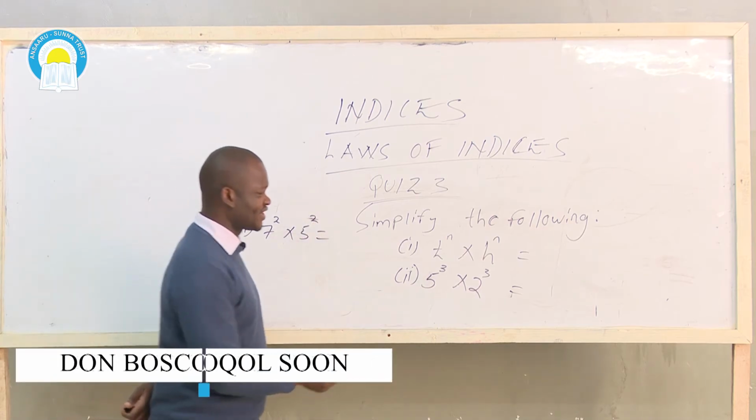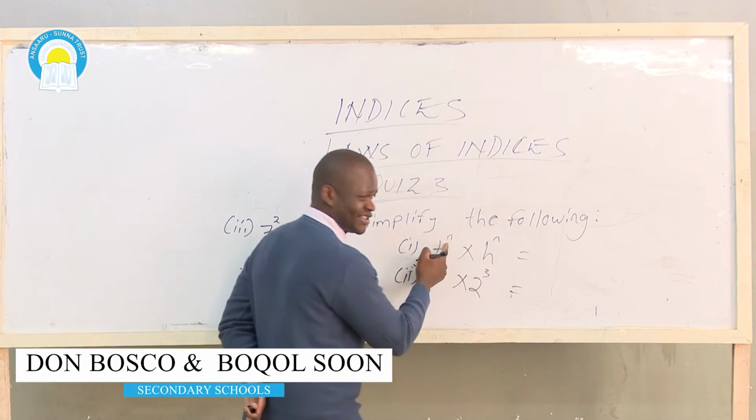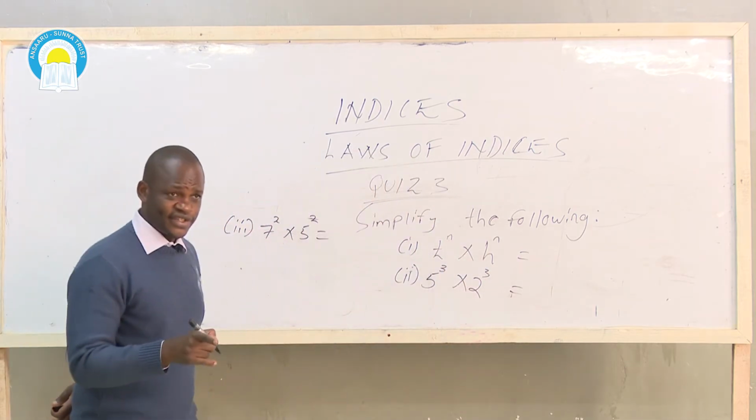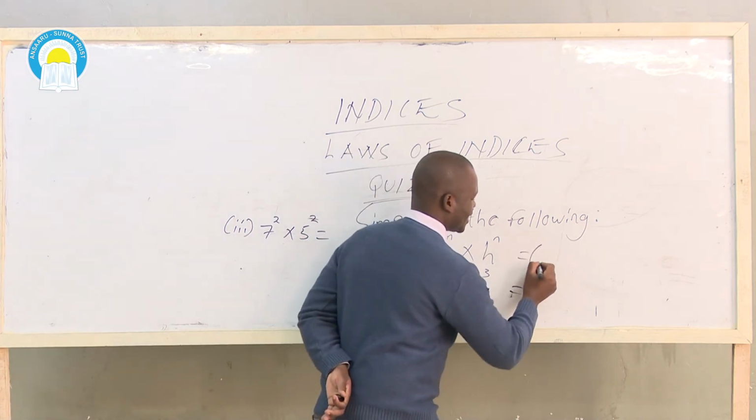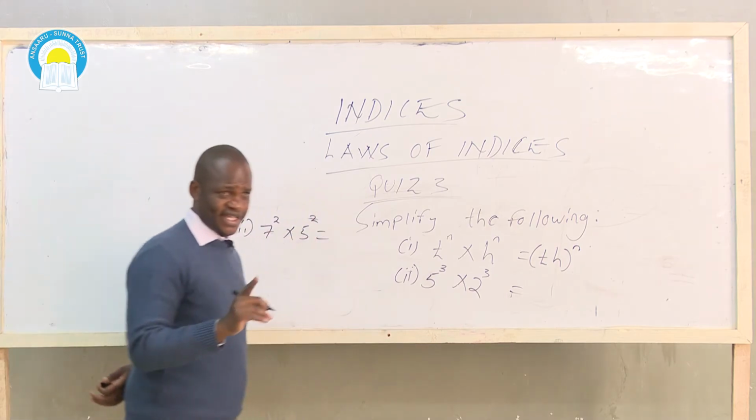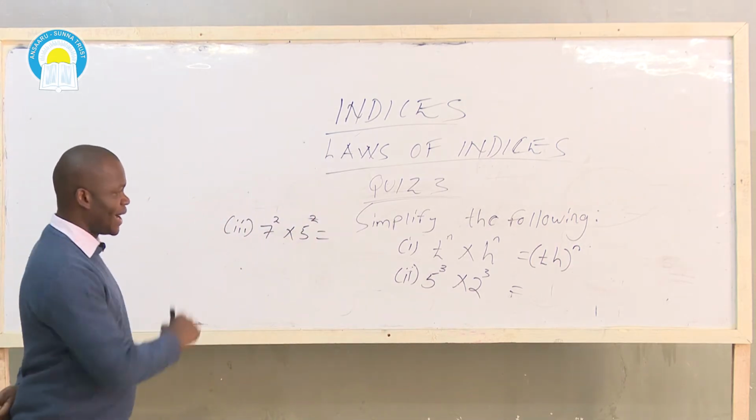So what do you get in this case? We are saying the powers are the same. Operation is multiplication. So what shall we get? We shall have t h and then power n. That's similar power appearing there.